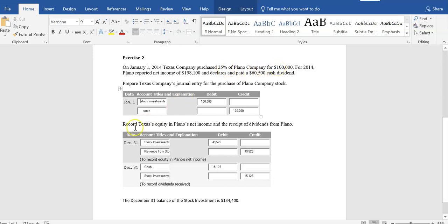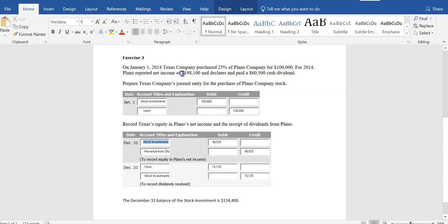Okay. Now, at the end of that year, we are going to record the changes to the stock investments as a result of the Plano net income and the Plano dividends. When a company exerts significant influence, we end up needing to increase the stock investment by the portion of the investee's net income for the year.